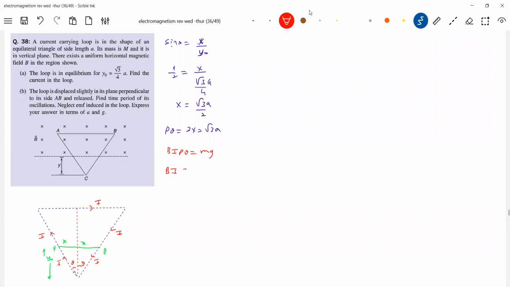B into I, PQ is mg by... Why should I take that PQ? Because the current is not flowing. So what is the effective length? The current flows from end to end. The effective length is nothing but equal to PQ.